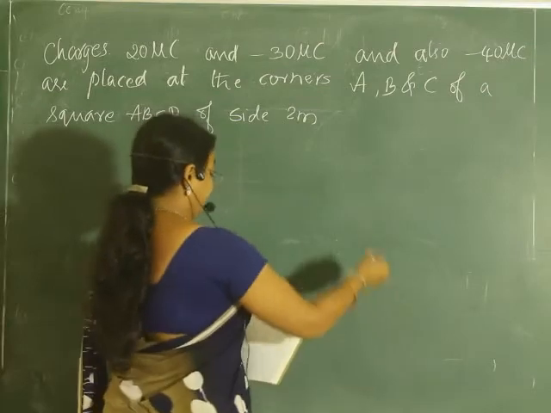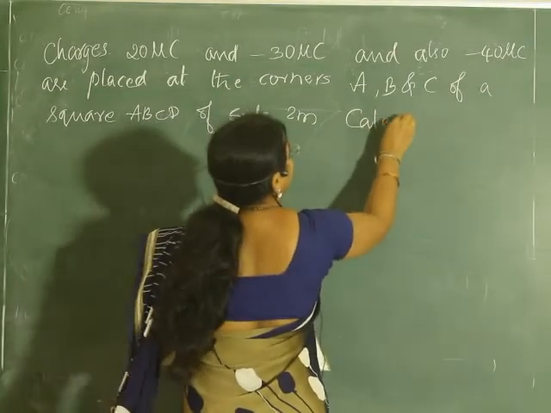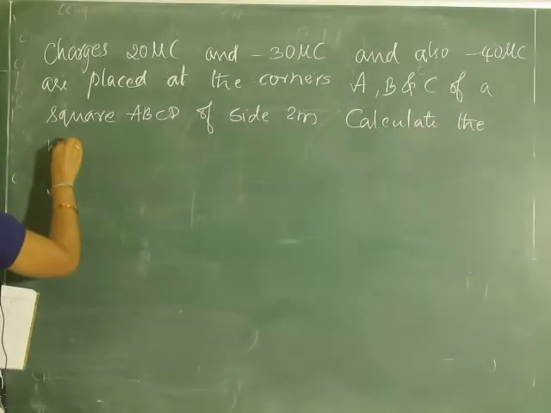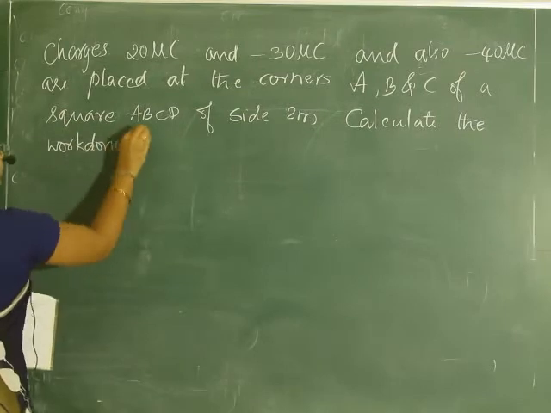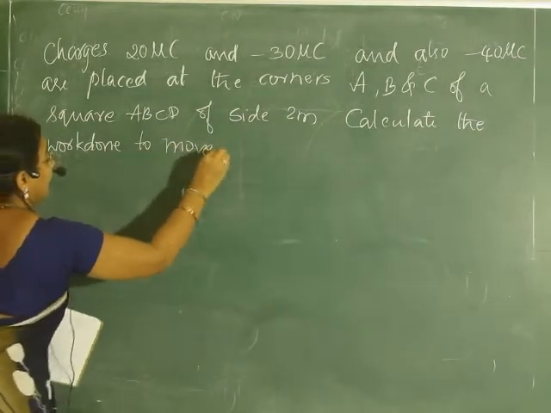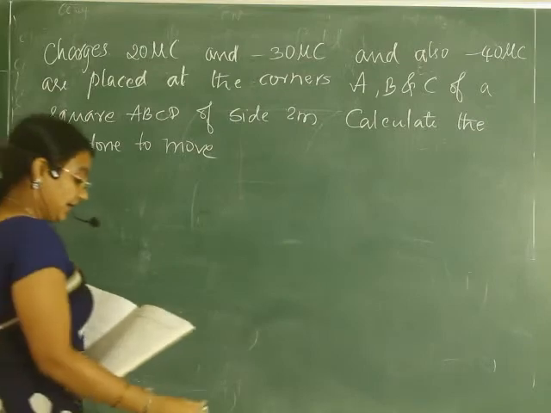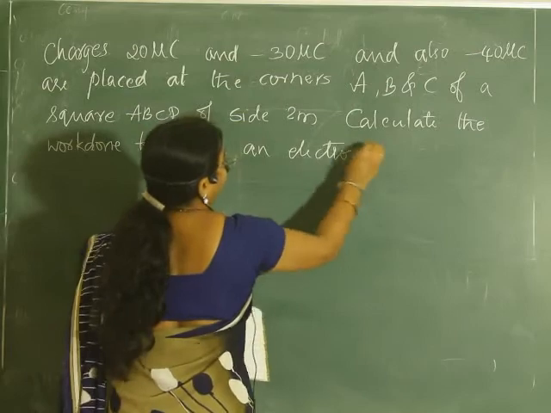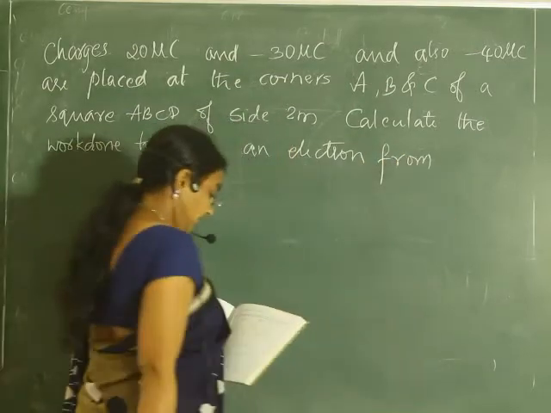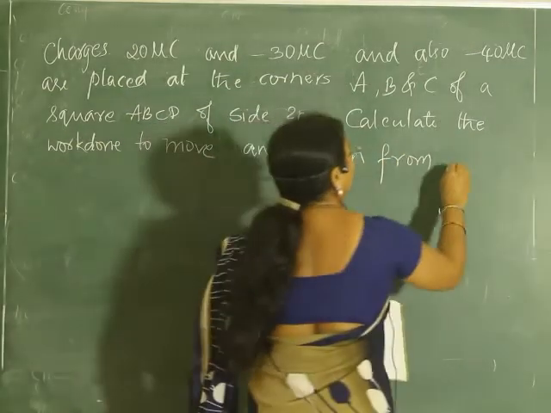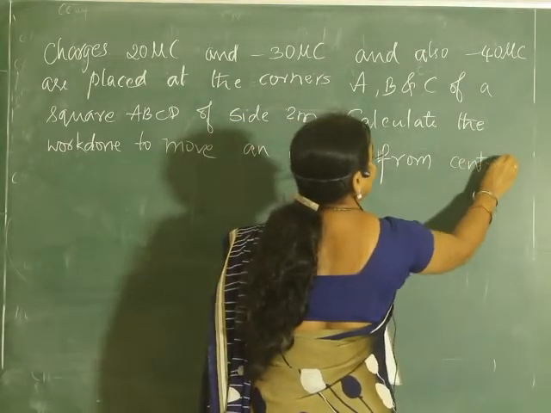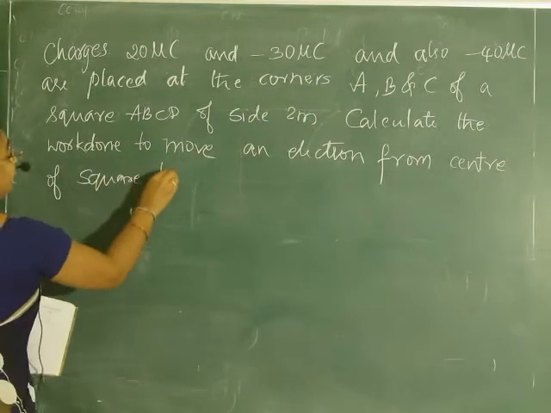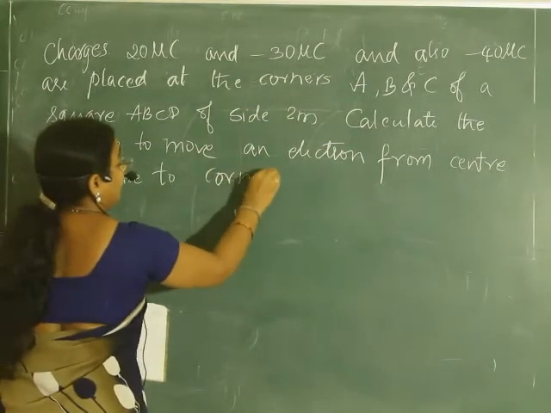Calculate the work done to move an electron from the center of the square to corner D.